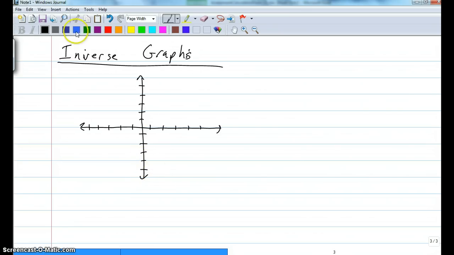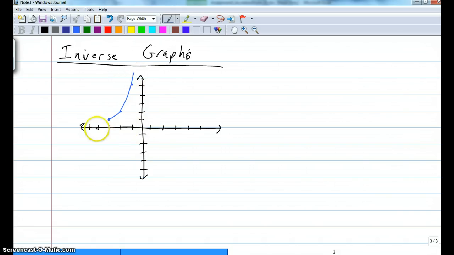All right, and then let's plot some points. How about -3, 1? How about 1, 5? And -2, 2. So some graph like this.